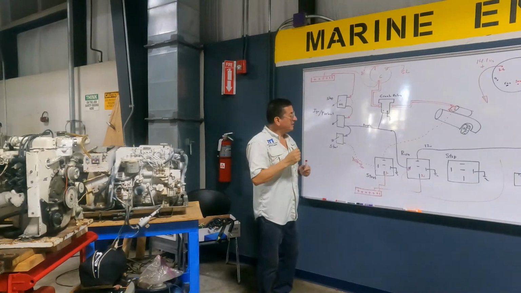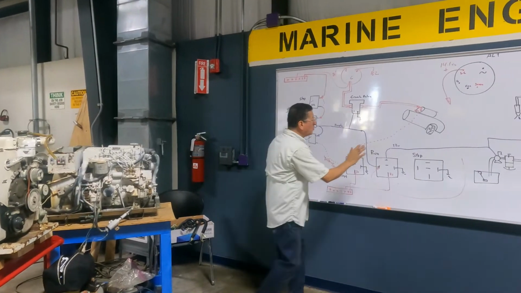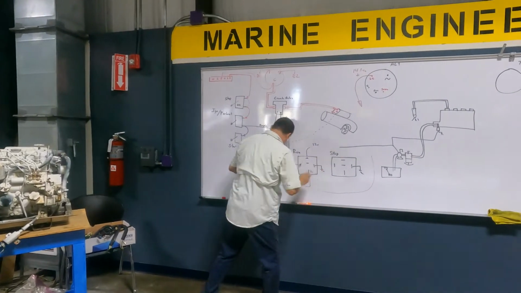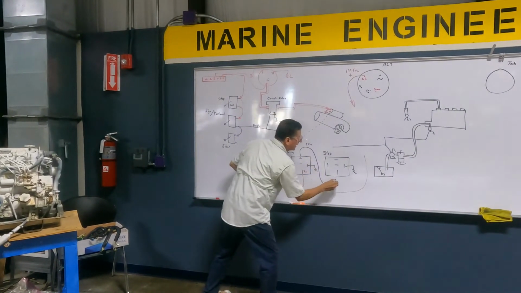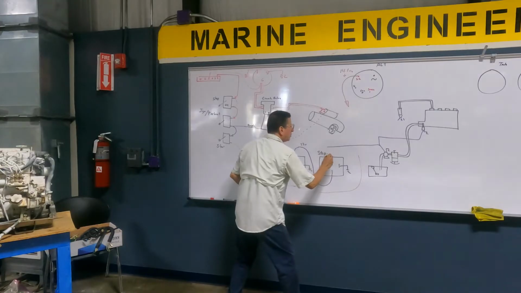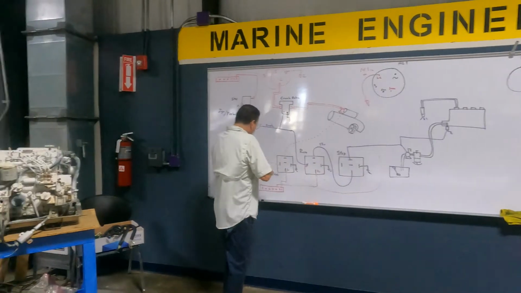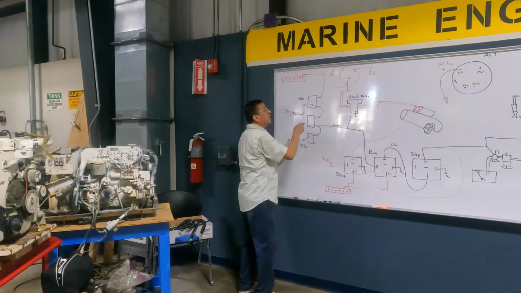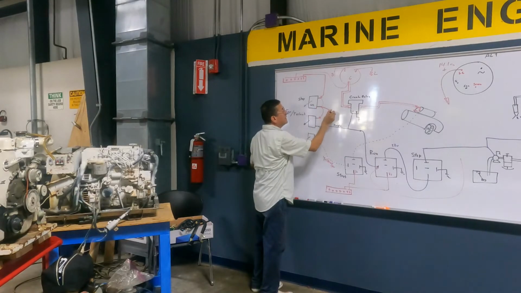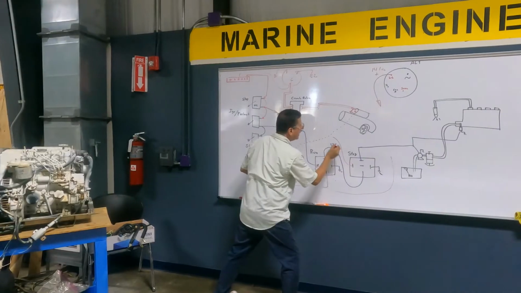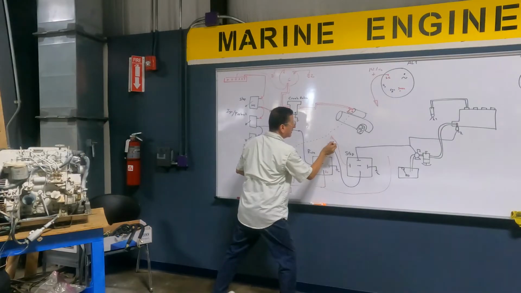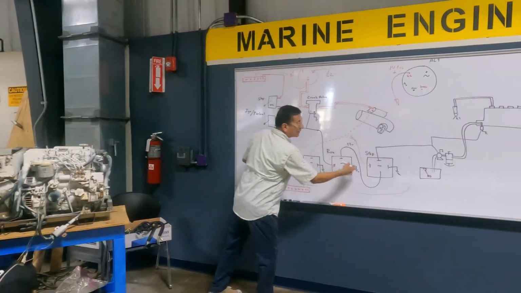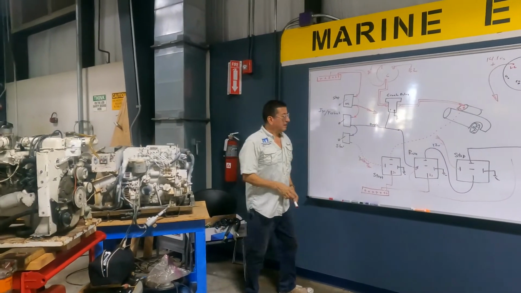Okay. I have an idea. I am going to move this one here, bring that one here, and continue this one here, and because this is normally closed, I am going to bring this power here. What is the meaning of that?